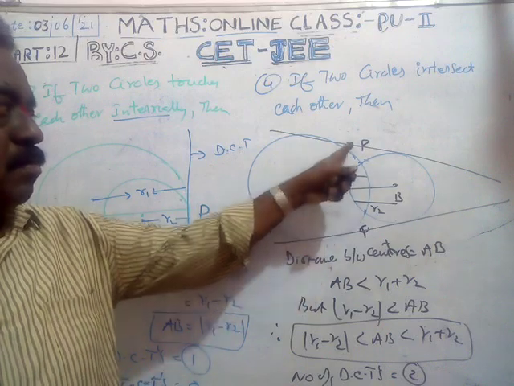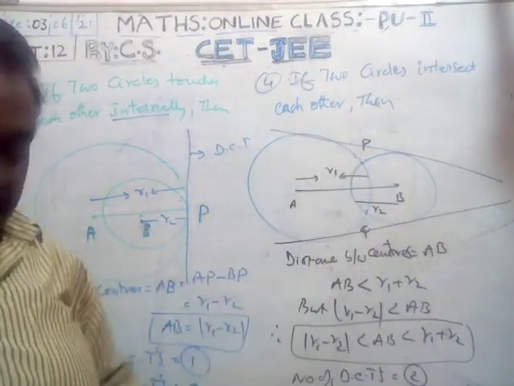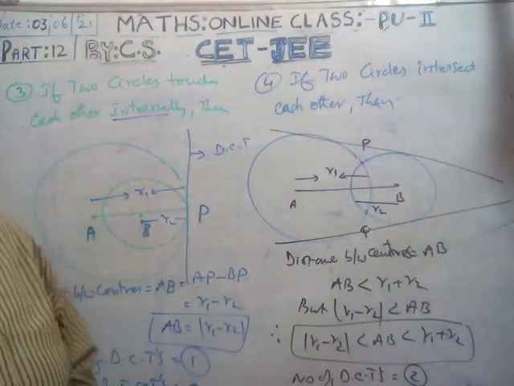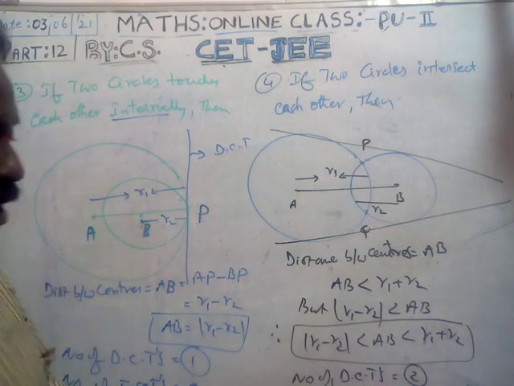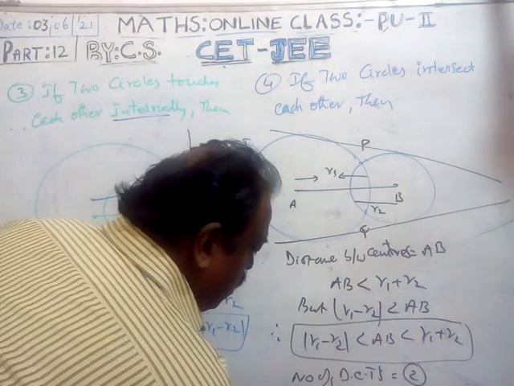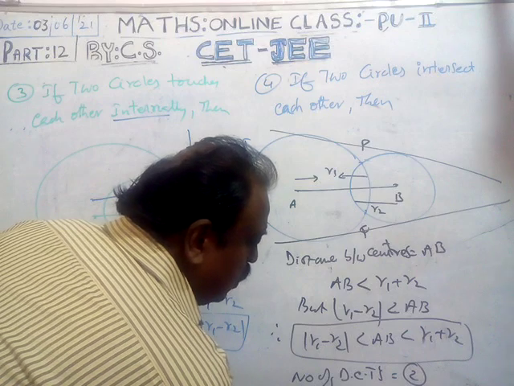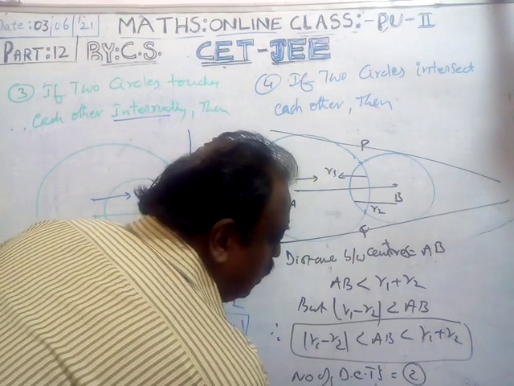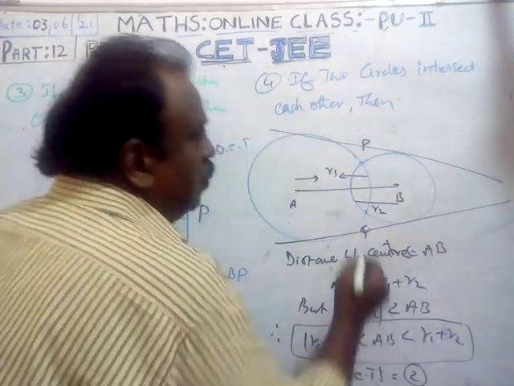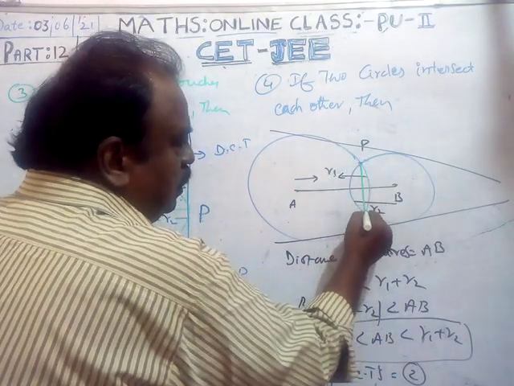Number of TCTs is equal to 0. But a common chord is there. PQ is a common chord. But here the first time we are getting this.